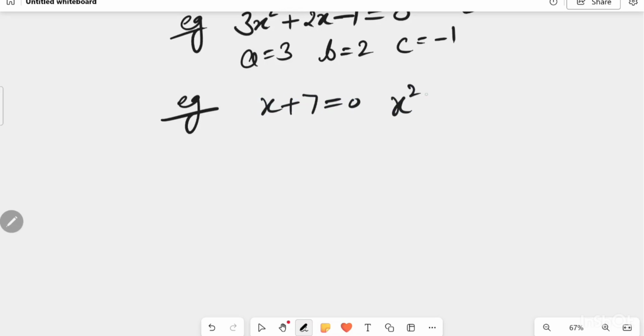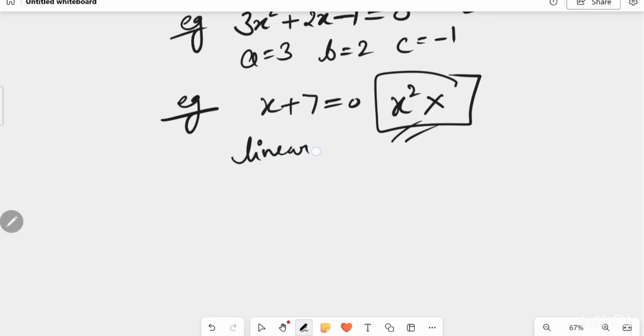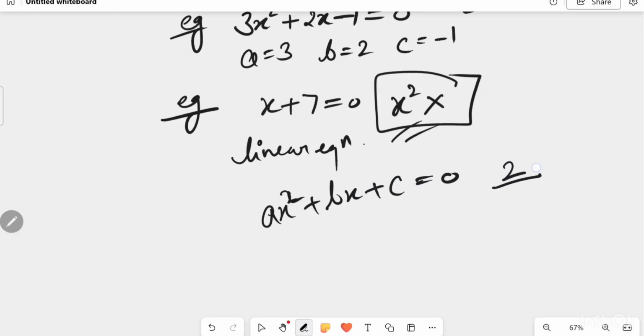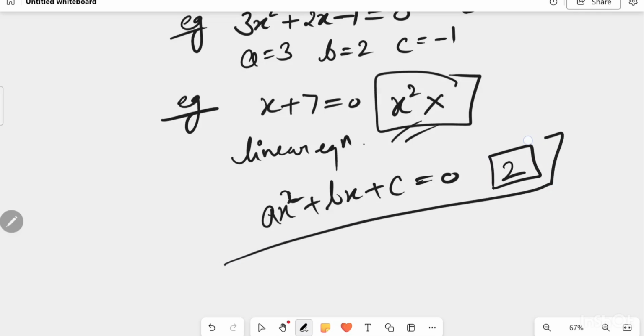Here we don't have an x square term, so this is a linear equation, not a quadratic equation. Whenever the power of x is exactly 2, it is in the form ax square plus bx plus c equals to 0, and the highest power is 2, then it will be a quadratic equation.